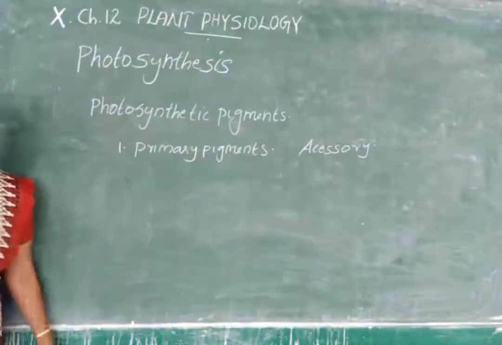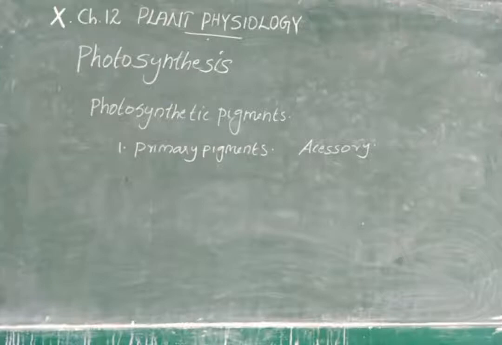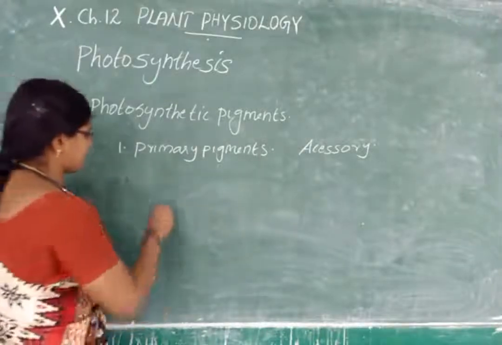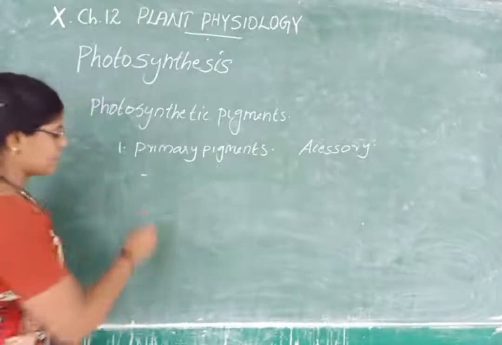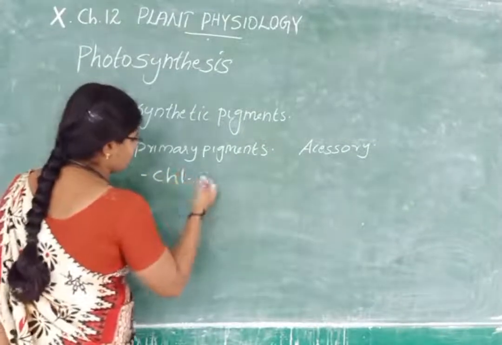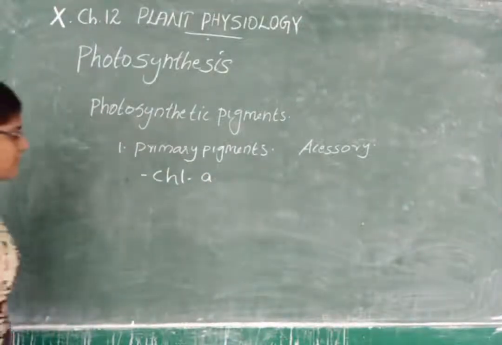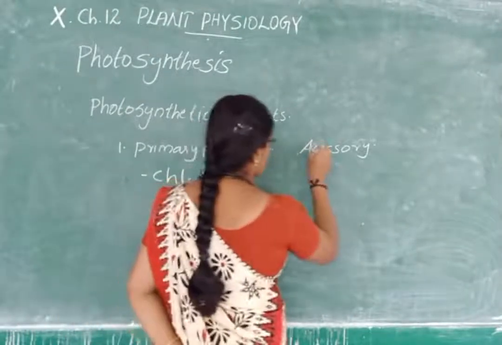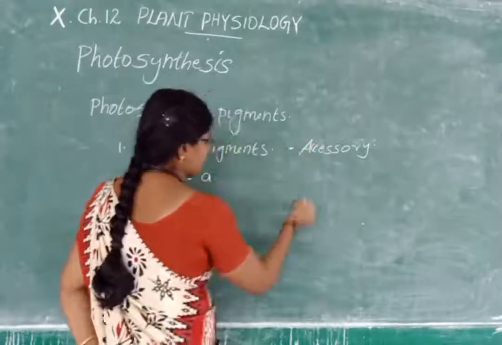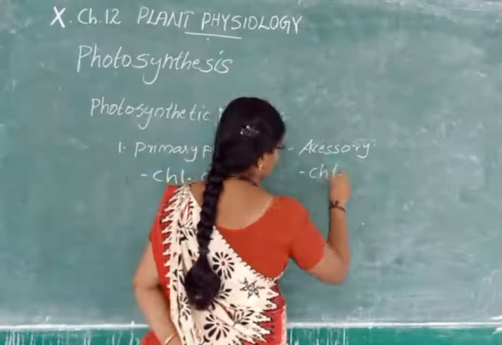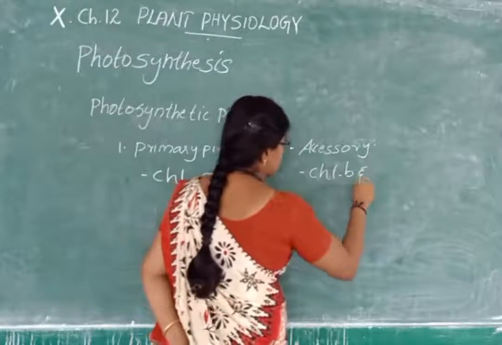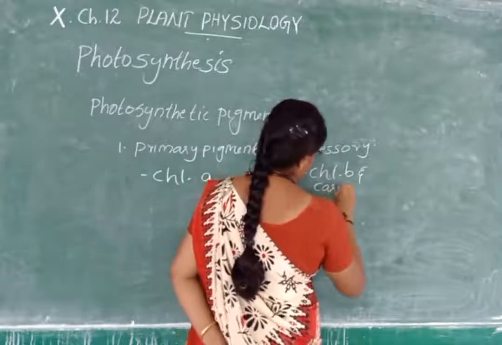The example for a primary pigment is chlorophyll A. The accessory pigments are chlorophyll B and carotenoids.